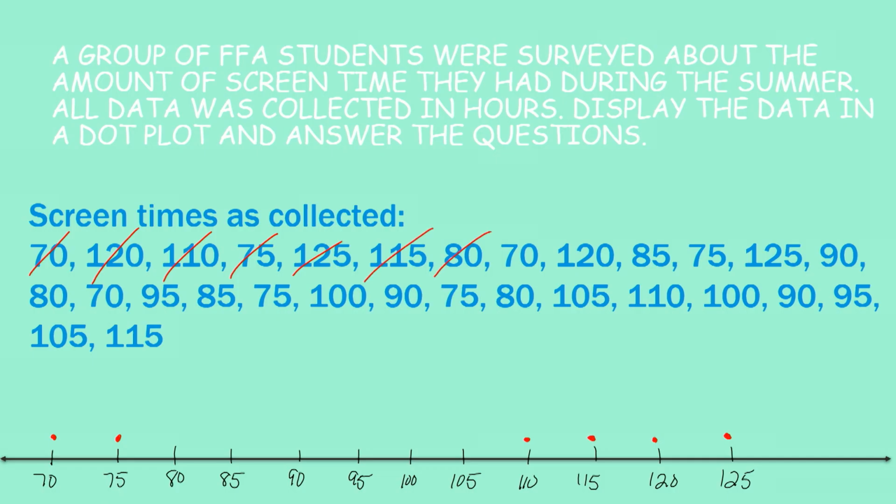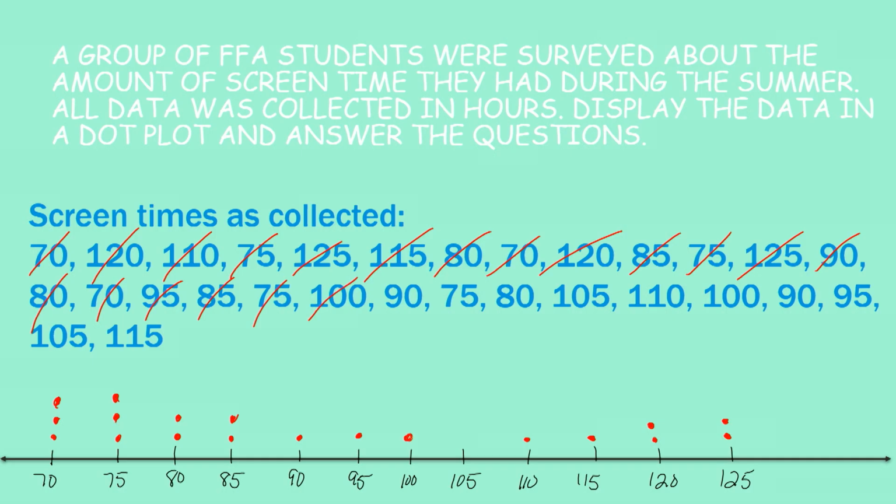115. 80. I've got 70. I've got 120. I've got 85. I've got another 75. I've got 125. I've got 90. There's another 80, 70, 95, 85, 75.